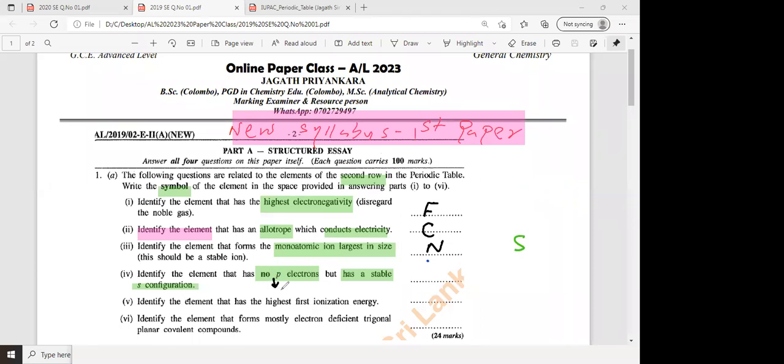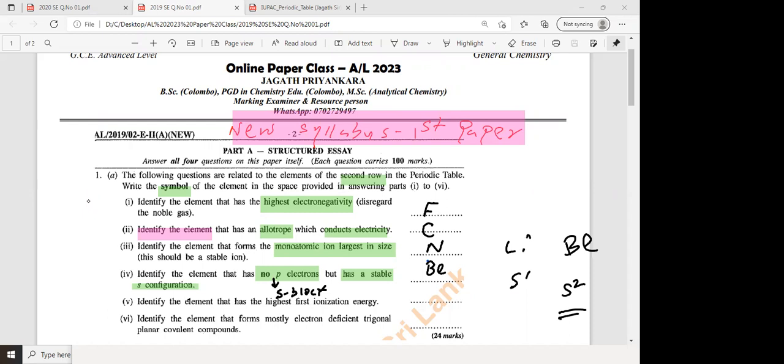So in this second period, who has the stable s configuration out of lithium and beryllium? Lithium is s1, which is not stable. Then beryllium is s2. Beryllium configuration is more stable than lithium. So therefore the answer will be beryllium, Be. Very good, all of you are correct.